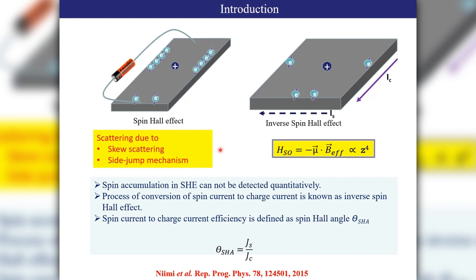Due to spin-orbit coupling, spin up and down accumulate at different edges, creating opposite-sided pure spin currents. For the detection of a pure spin current, the ISHE was found many years back, which is nothing but the inverse of the spin Hall effect. Essentially, we inject a pure spin current; by the same mechanism, spin up and spin down electrons are scattered in the same direction, resulting in a charge current.